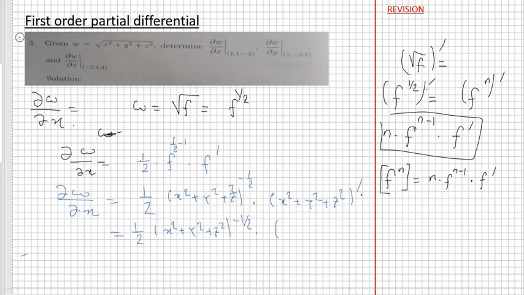Now the problem is here, and this step is the one that's gonna differentiate all other different types of derivative. If we need to derive it with respect to x, we'll just treat y and z as a constant. So we only focus on the x. If we derive x squared, we get 2x.